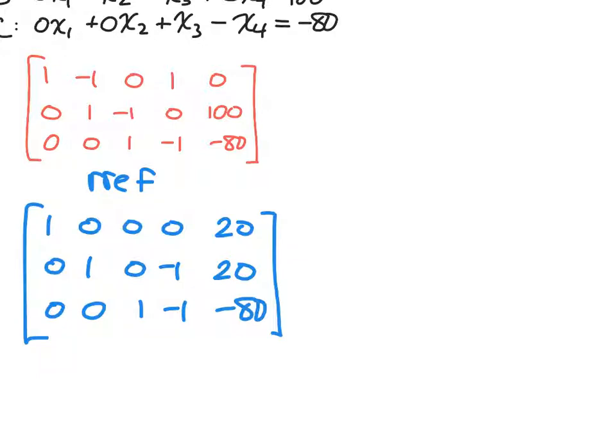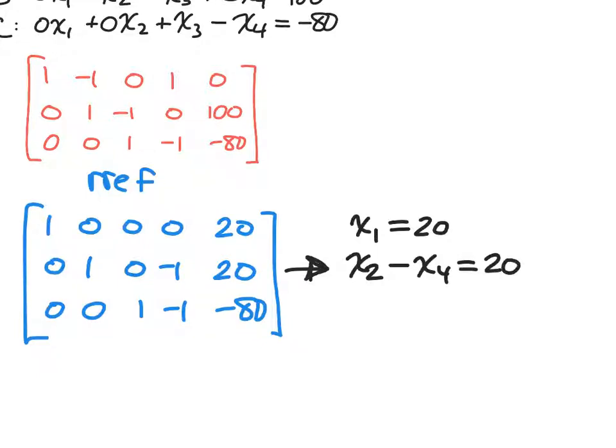But we do want to put it in the appropriate solution form. In my opinion, that is most conveniently the parametric form. All right, so we'd have x1 equals 20. x2 minus x4 is equal to 20. x3 minus x4 equals negative 80, which implies that x4 is my free variable.